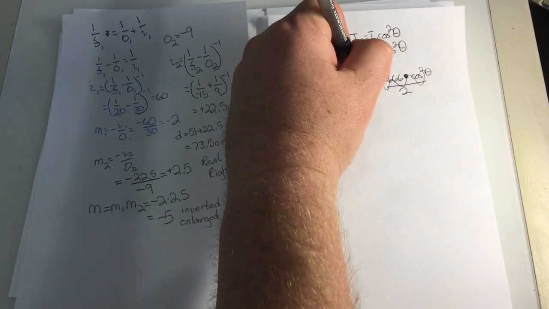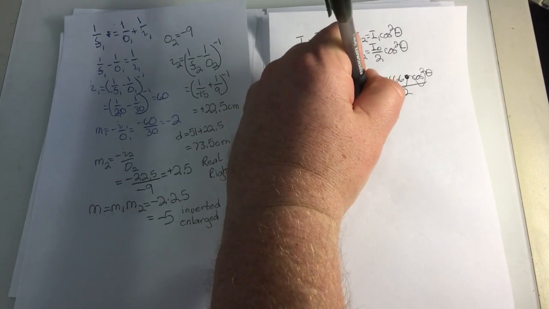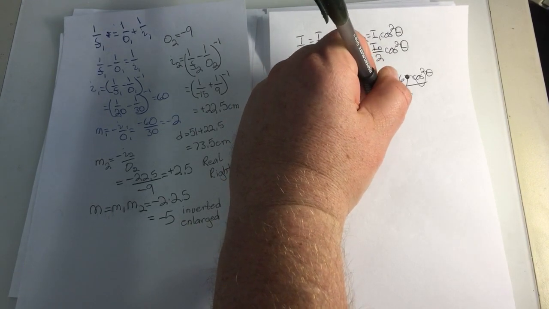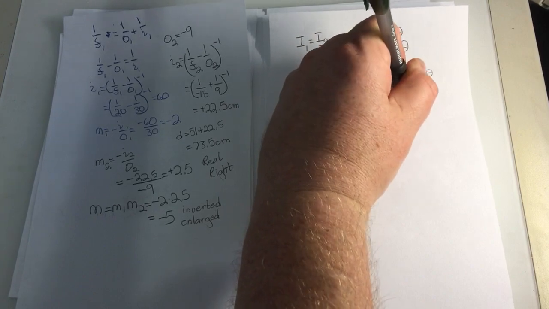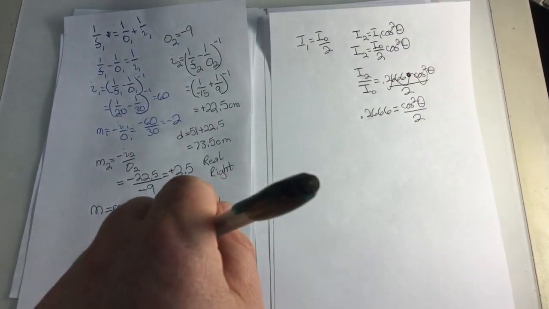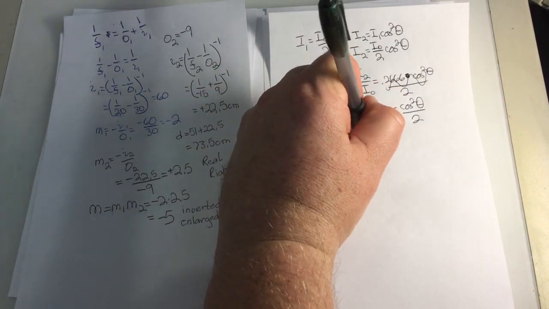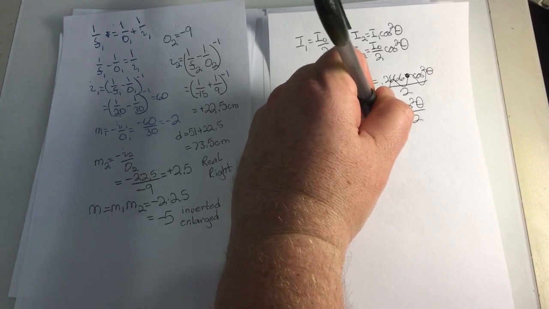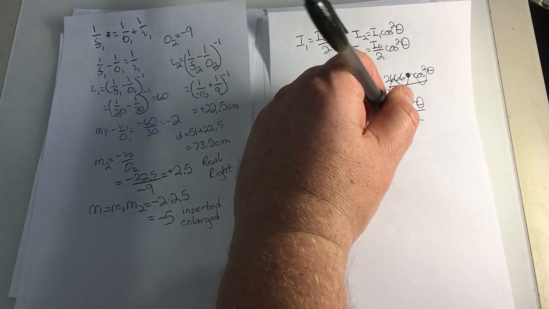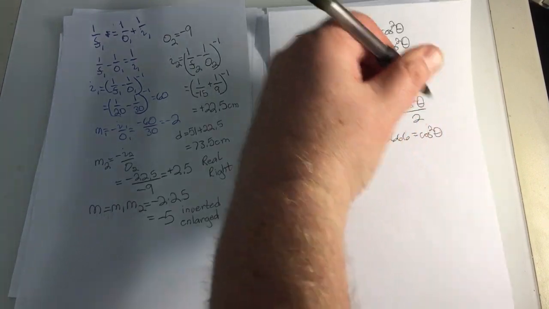So I naught comes down. That ratio here is equal to 0.2666, and that is equal to cosine squared theta over 2. This becomes 2 times 0.2666 is equal to cosine squared theta.